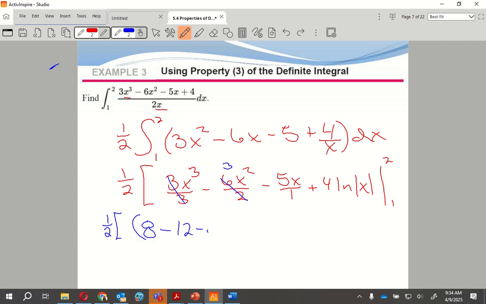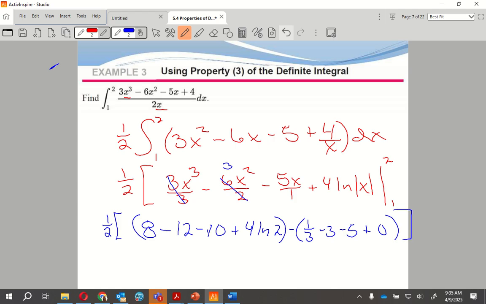Let me see, that was 12, 10, and then plus 4 ln of 2, and then the lower bound was 1/3 minus 3 minus 5 plus 0, because ln 1 is going to give me 0 times the 4 is just 0.